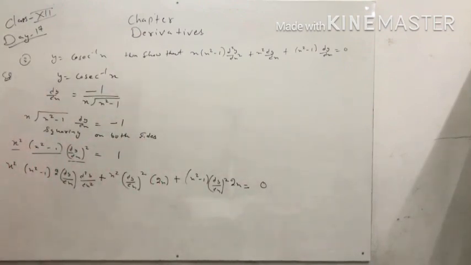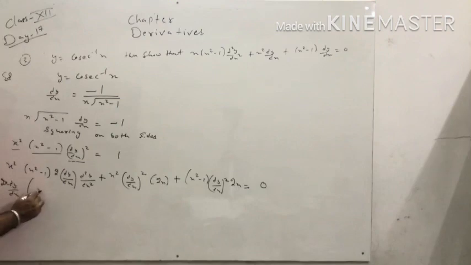Now we can see the common terms. The common terms are 2 dy/dx, and common is x, 2x dy/dx.